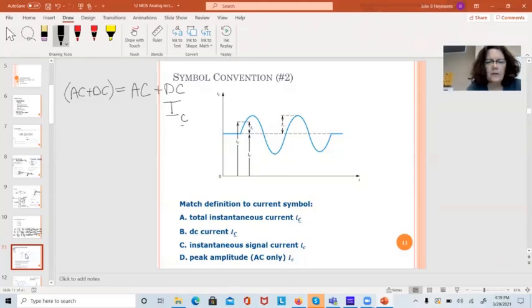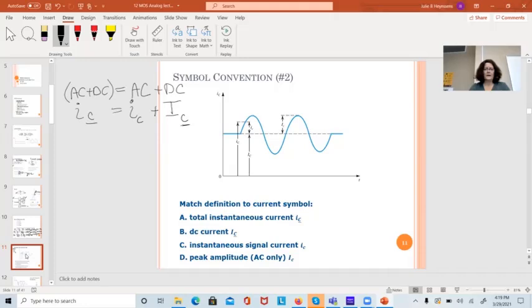And I'm going to put an underline under that because I can't tell the difference between a small c and a big C. The AC part of this is written as little i, little c. And the total signal, the AC plus the DC, is written as little i, big C. And if you read the Sedra Smith book, it makes a whole heck of a lot more sense if you know this convention, because all of a sudden the i's just change case and it's a completely different thing.